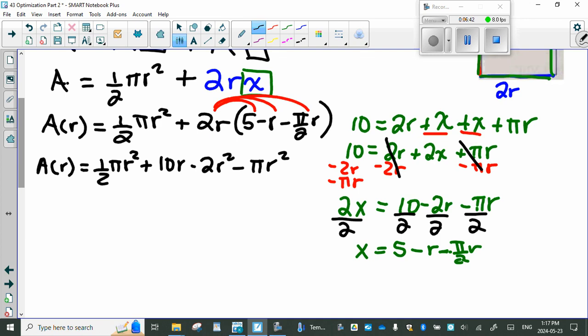Yeah? Okay. And that's where r is the radius, so it has to be greater than 0. So if we got a negative critical value, we would ignore it. Does it make sense for the radius to be negative? Okay. So now we're going to find a prime at r.